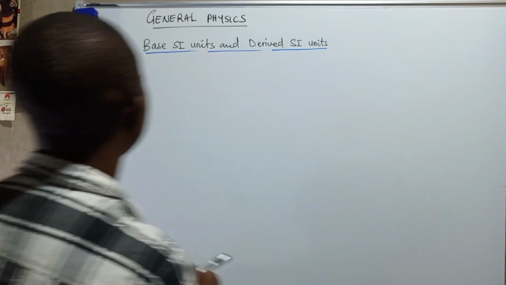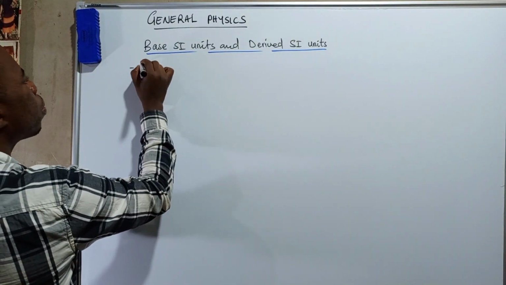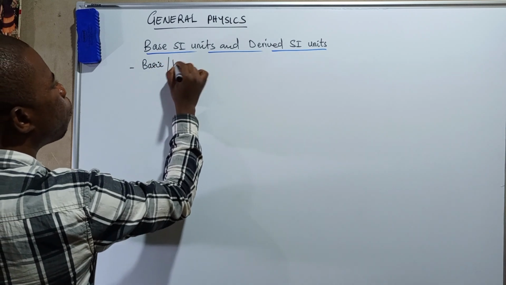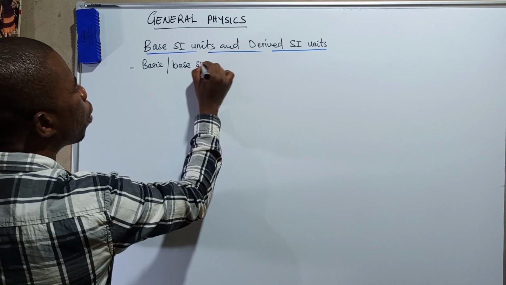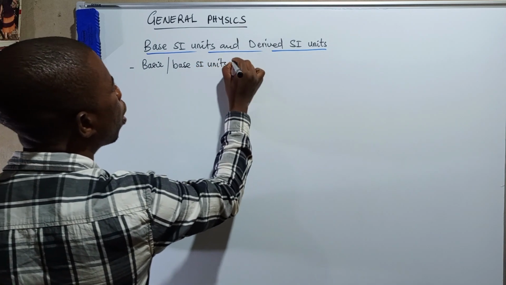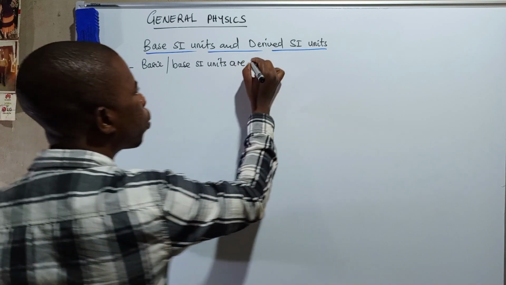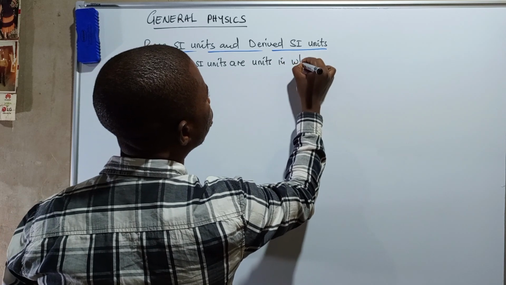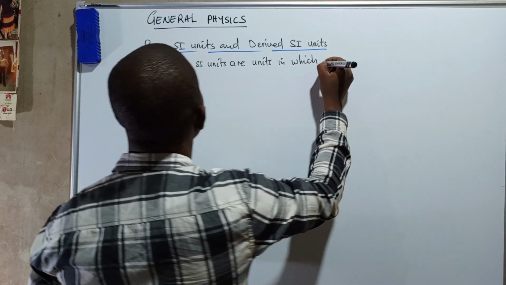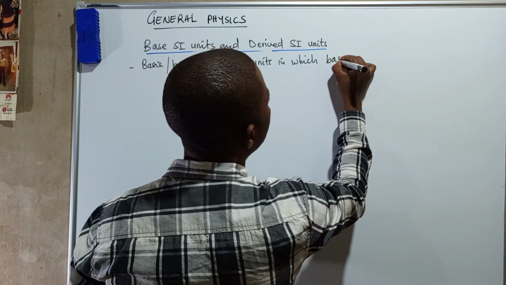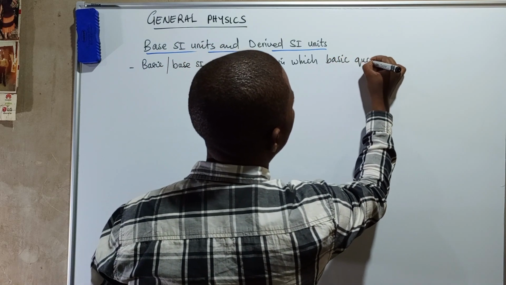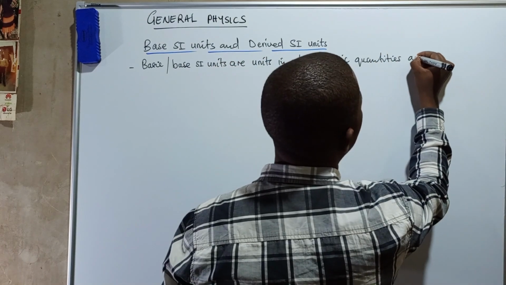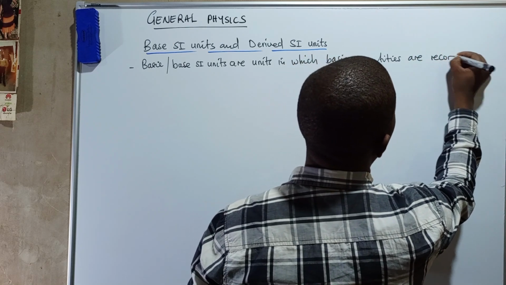Okay, so we are going to say that basic or base SI units are units in which what we are calling basic quantities are recorded.